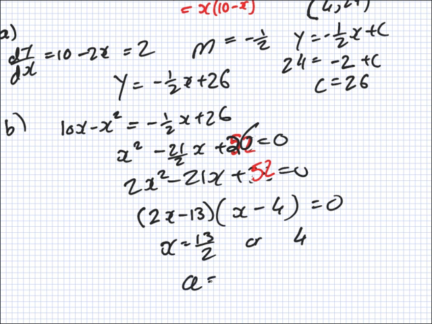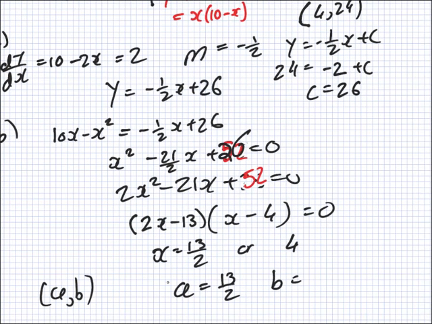So the A is 13 over 2, and the B, because remember it's just like this, x, y. How can I get the B? I can sub this back into, say, here. Can you explain why you chose 13 over 2? Why did I choose that and not the 4?